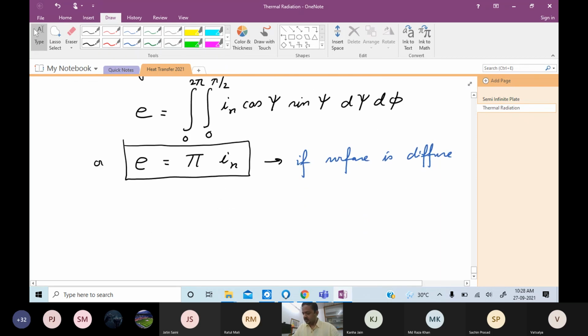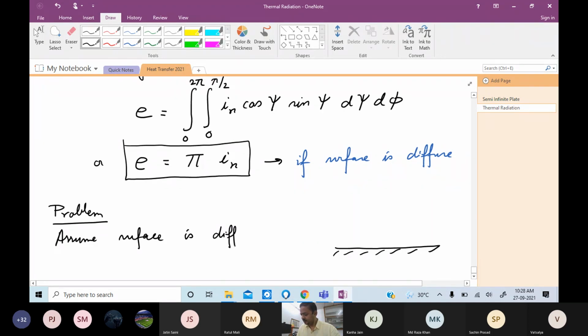Okay. Let us do a quick problem here. The problem is, again, let us draw a surface. Assume the surface is diffuse, and epsilon equals 0.08.